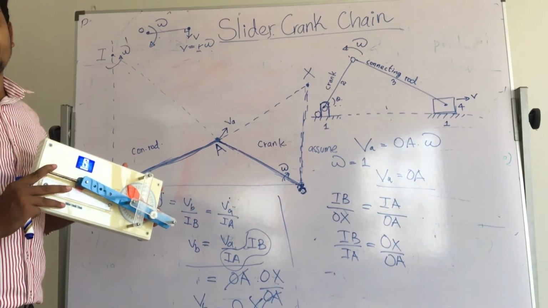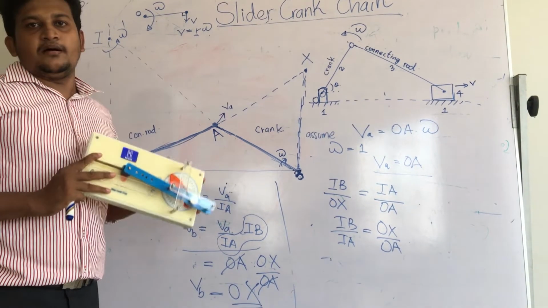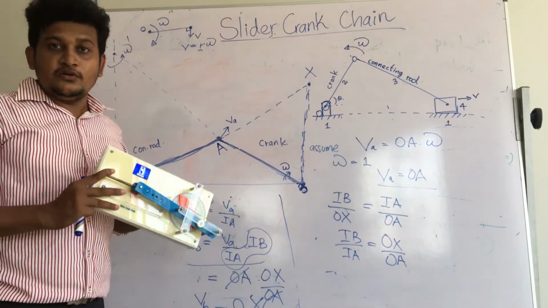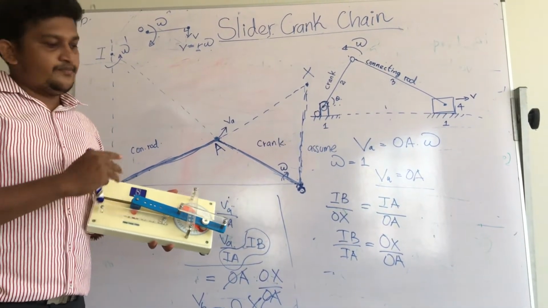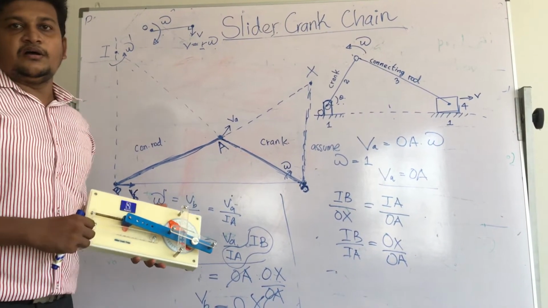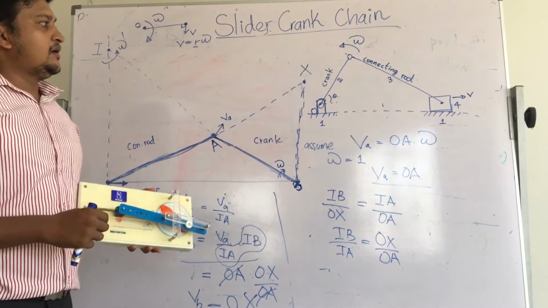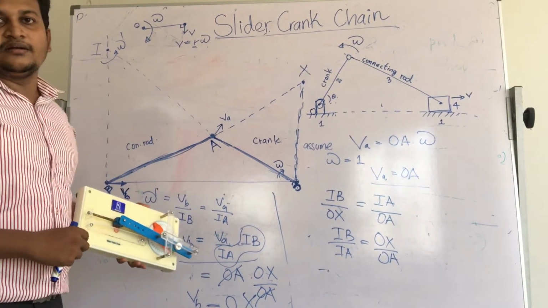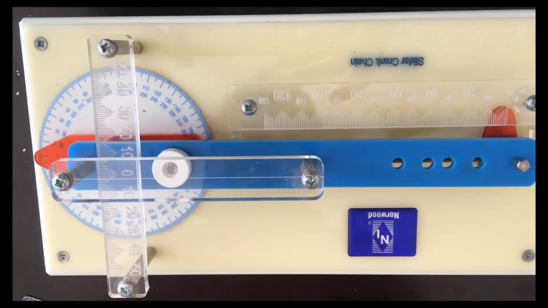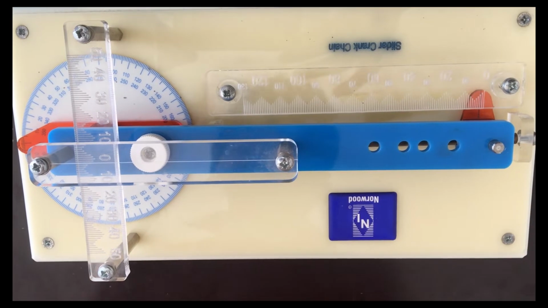Next, we are going to do the practical and get some values in order to draw the piston velocity against the crank angle. Now we are moving into the procedure of this practical.